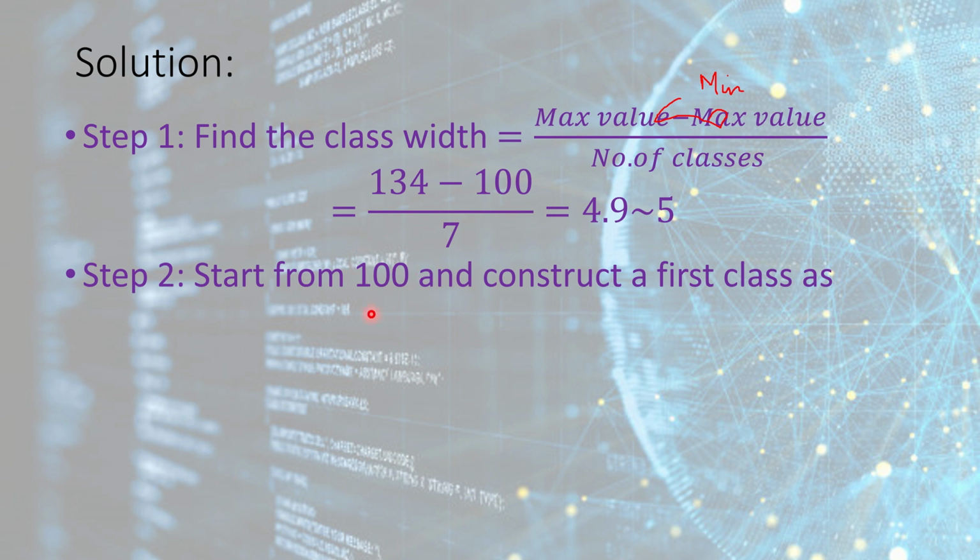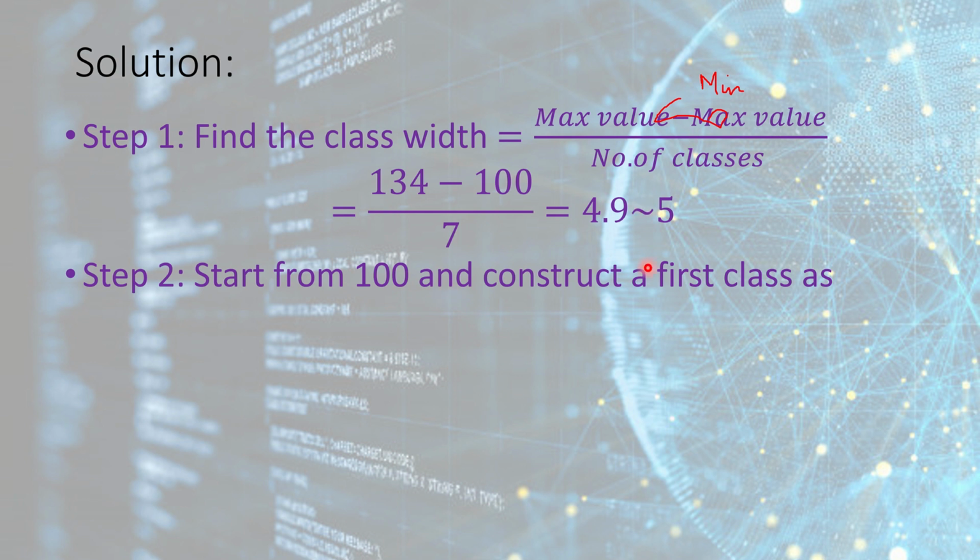Usually we do that. It's not a rule. We start from a position or from a number which is a multiple of 5 or a multiple of 10. That's why we are starting here from 100. If it was 101, you should have started from 100 as well. So the first value would be 100, then the next value would be simply 104.